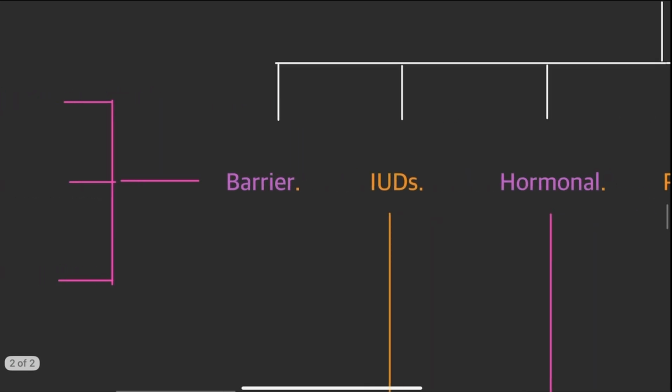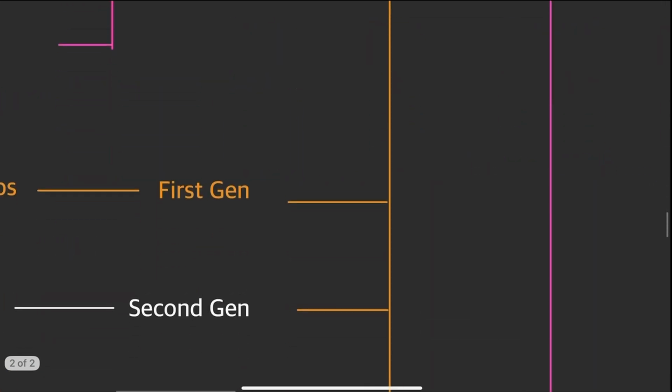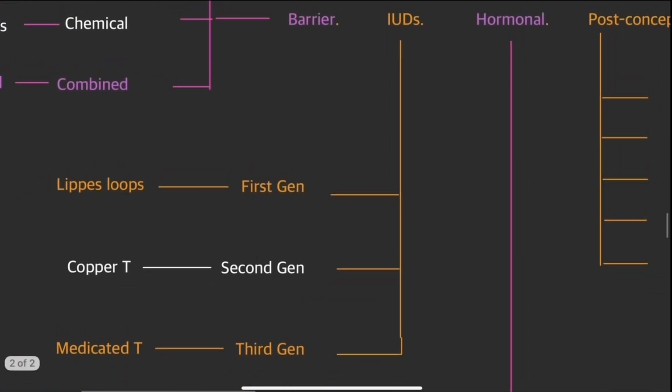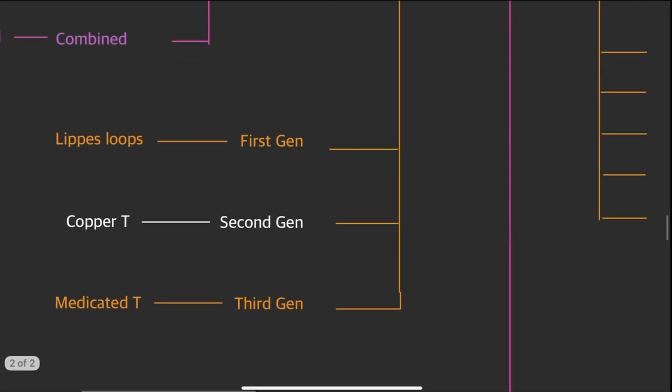Now we move to the IUCD. Let us trace this yellow line, and it includes three further categories. These are not exactly methods, but IUCDs are divided into generations. We have first generation, that is very old, followed by second generation, and third generation is quite latest. So first generation includes Lippes loop, second generation includes copper T, and third generation includes medicated T, meaning copper T in addition to some kind of medication. Medication includes progesterone, so this is copper T plus progesterone.